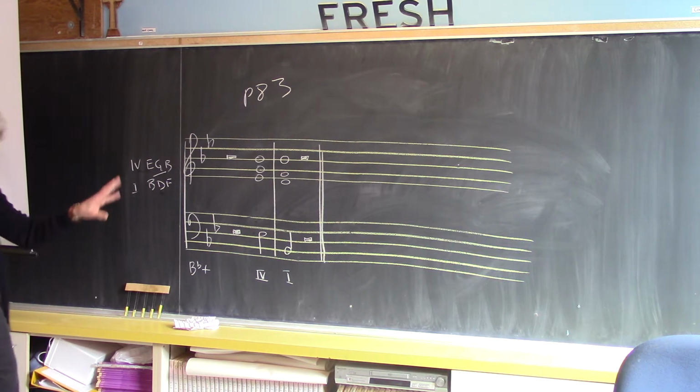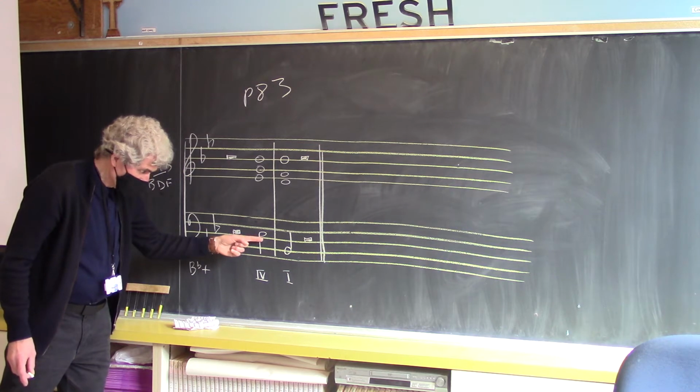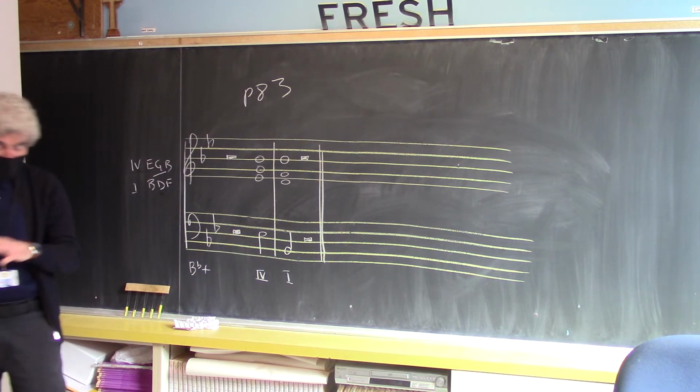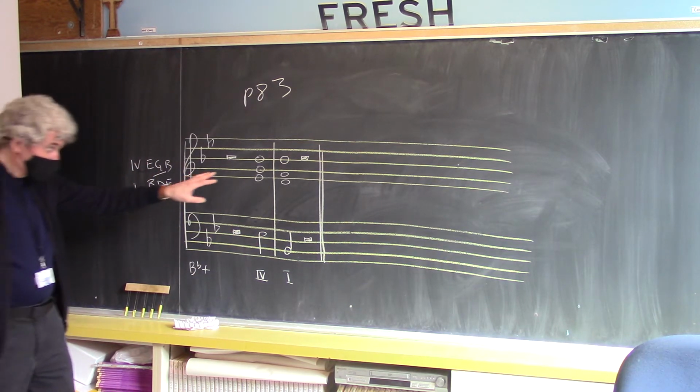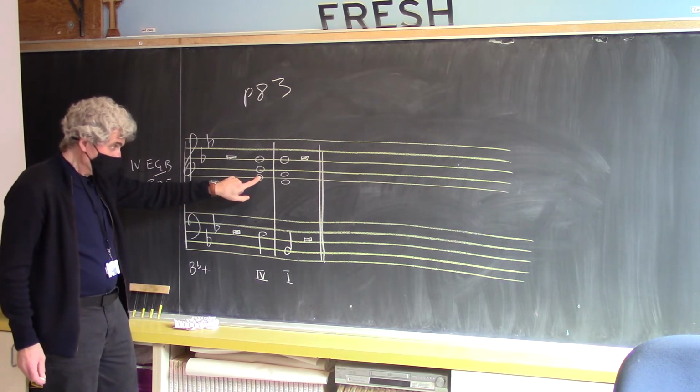Okay, then stems, right? You notice how the stems are down here, because you've got one note, so the stem rule applies. Up here, your best bet is to look at the note that is the farthest away from the middle line, which would be this one, right?